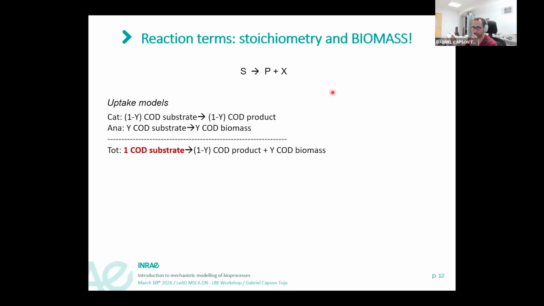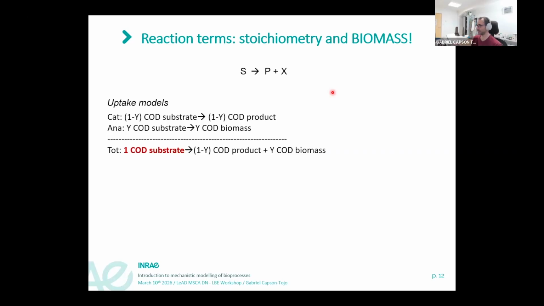Let's say we have a fermentation reaction, and you have glucose becoming acetate and biomass. I'm just oversimplifying things. All your substrate is not going to end up as acetate because part of the substrate is becoming biomass. And on the other hand, if you want to grow biomass, you're not going to get all your substrate transformed into biomass because some of the substrate is also going to get transformed into acetate.